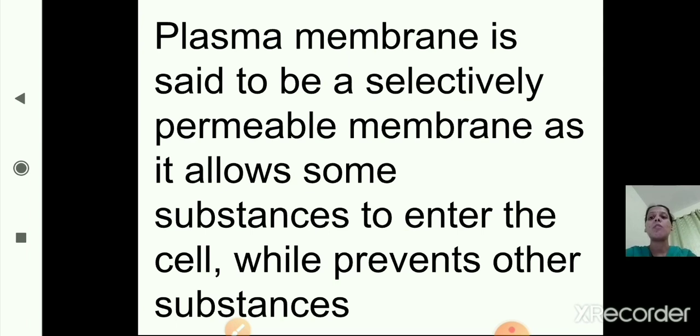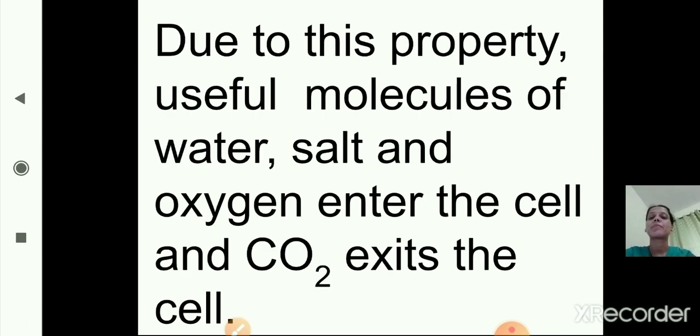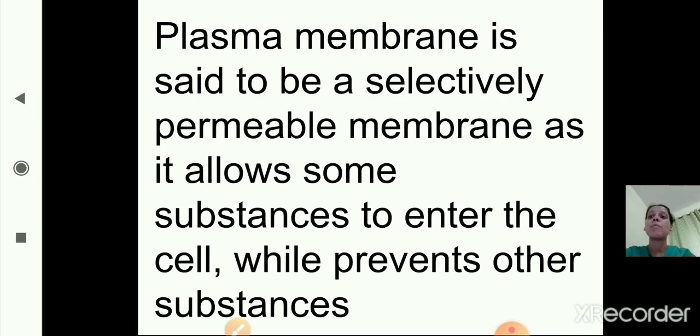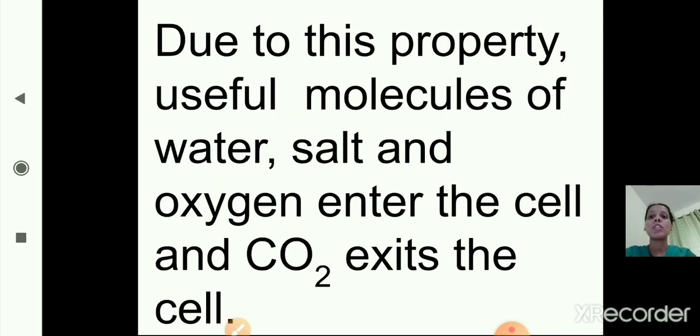Now, due to this property, that is selectively permeable membrane, only some substances enter the cell while other substances are prevented.